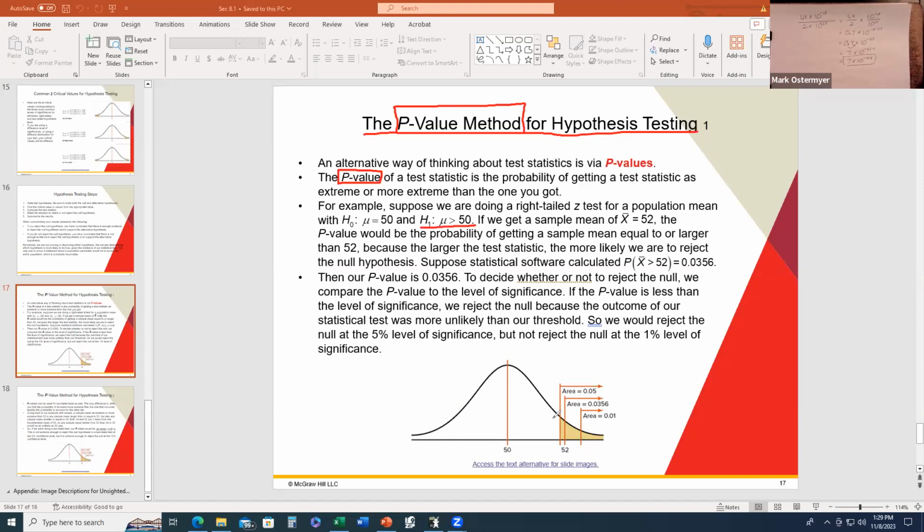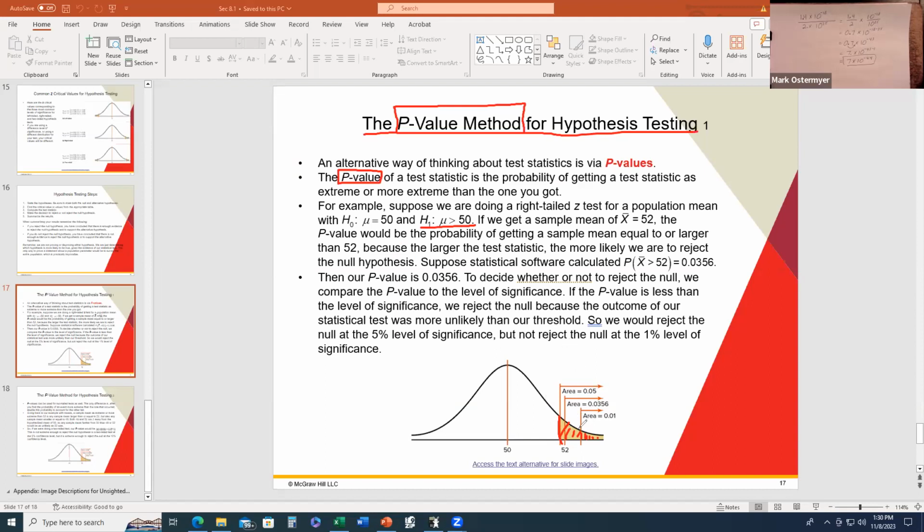You see that? So our rejection region is going to be in the upper tail of the standard normal distribution. So if we get a test statistic that is larger than our critical z value, then that's going to push our test statistic into the upper tail rejection region, which means that we are more likely to opt for rejecting the null hypothesis and going with the alternative hypothesis as being a truthful statement. Okay.